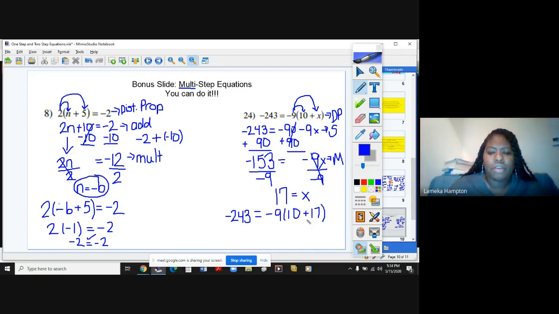So I'm going to add what is in parentheses, 10 plus 17. That gives me 27 if I'm not mistaken. So I'm going to say negative 9 multiplied by 27.